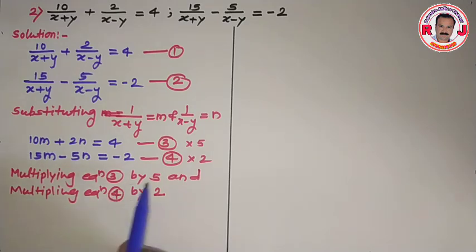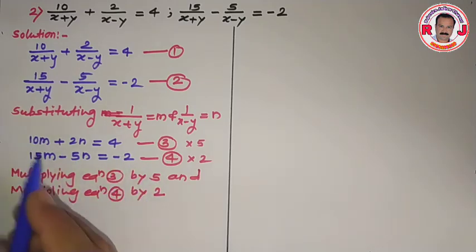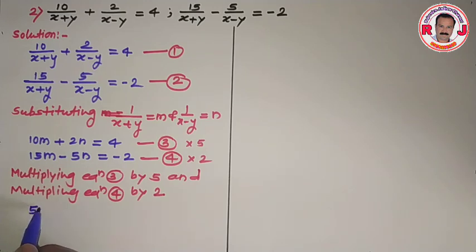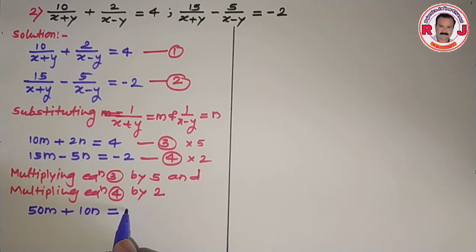Here multiply equation 3 by 5: 5 10s are 50m plus 5 2s are 10n is equal to 5 4s are 20. This is the equation 5.